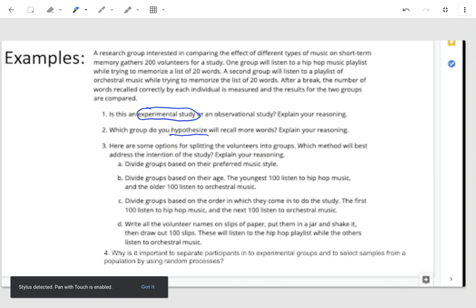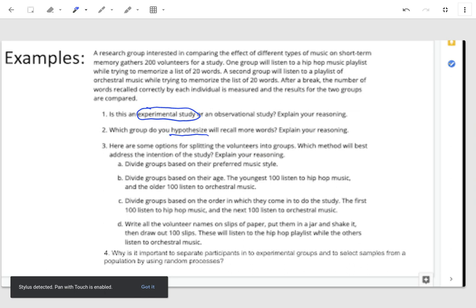My hypothesis is that the group listening to orchestral music will memorize more words simply because, when I was in college, that's what I would listen to. When I was studying, I would listen to classical or orchestral music. But like I said, that's not the quote unquote right answer. It's a hypothesis. So there's no right or wrong answer on this one.